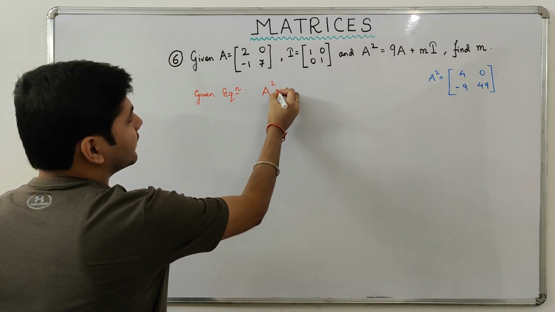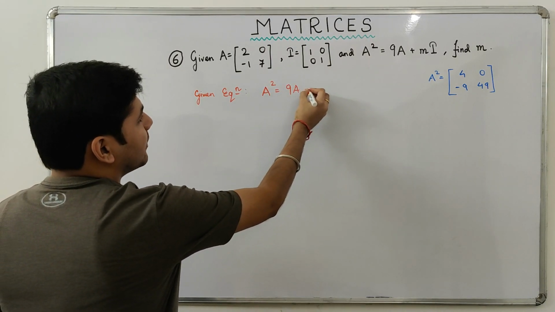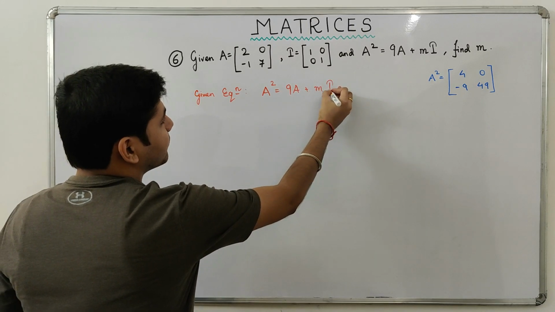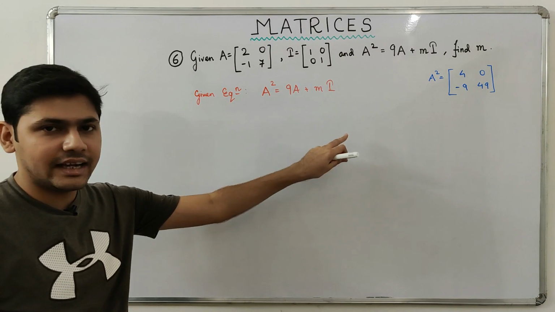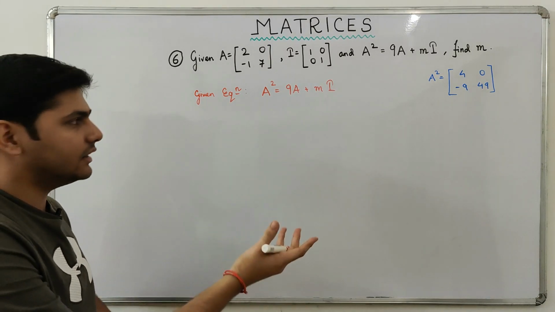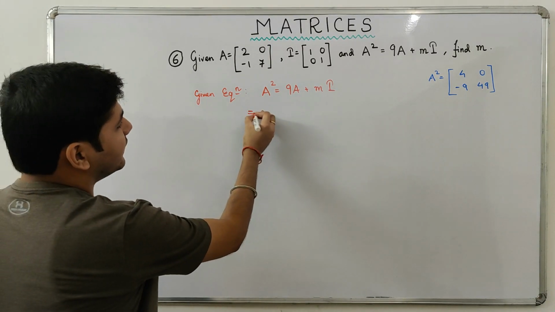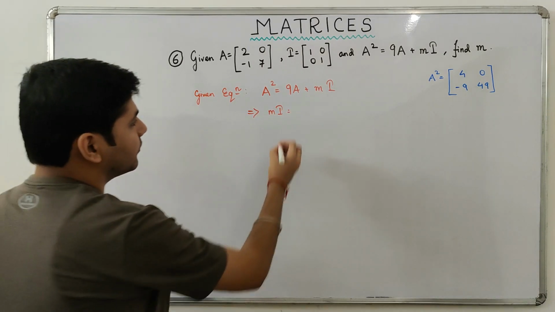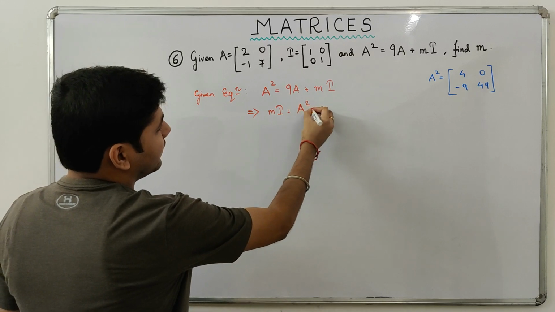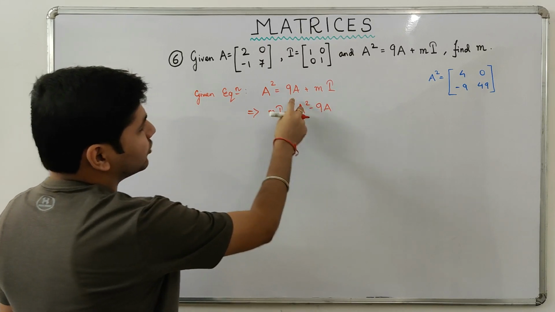A square is equal to 9A plus MI. Now as we have to find the value of M, I'll put MI on one side and all the other elements on the other side. So what we will get? MI is equal to A square minus 9A. So 9A goes over here.